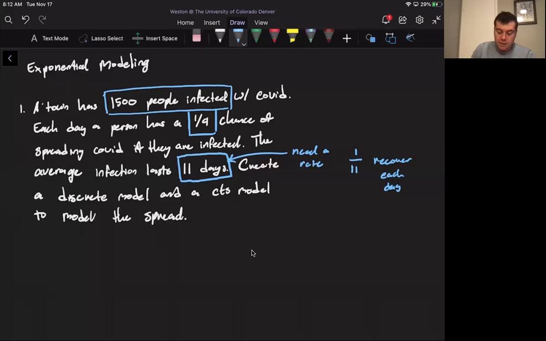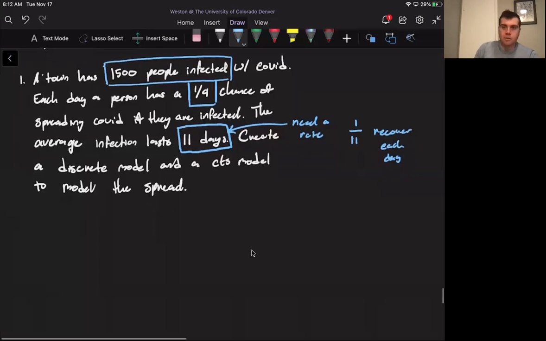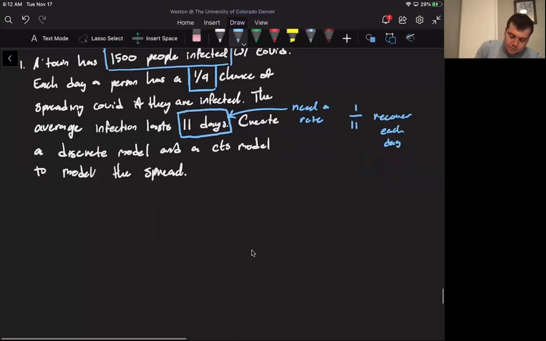Okay, so now we just set up our COVID model. We'll start with the discrete one, and this is really just plug and chug at this point. We have f of n, where n is days elapsed. We want to multiply by how many people are currently infected.